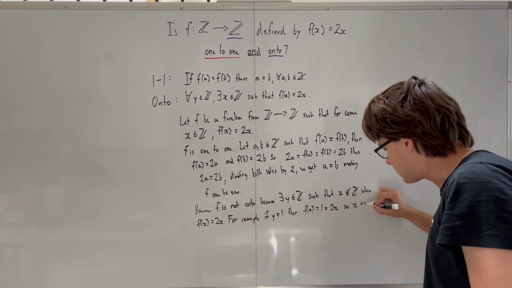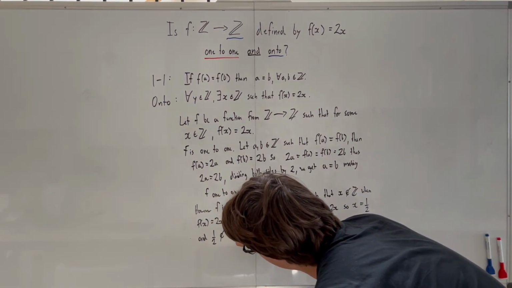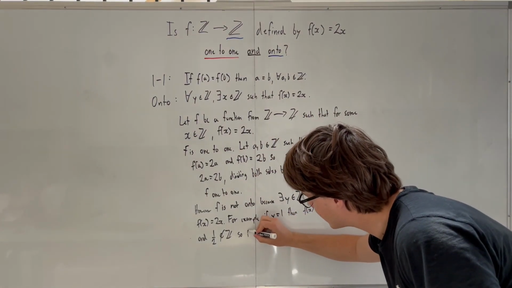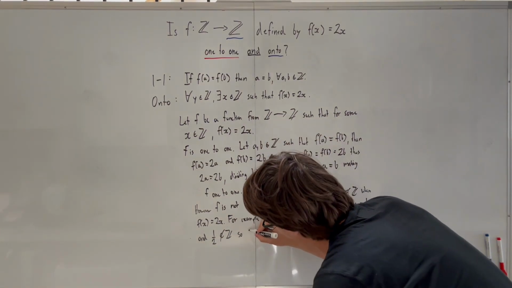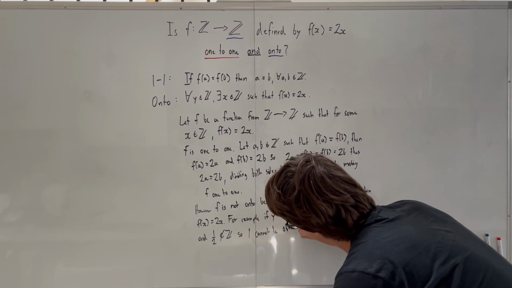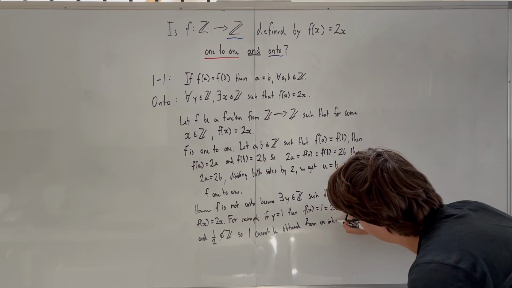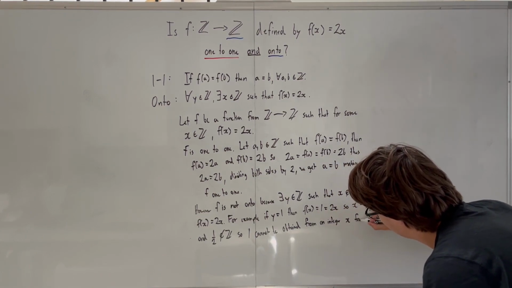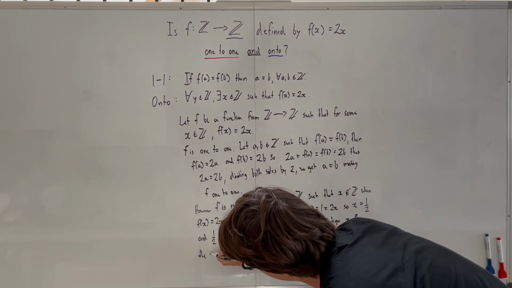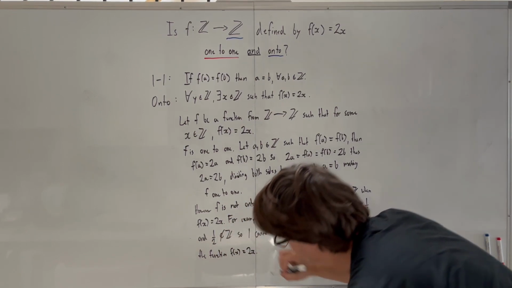So x must be equal to 1/2, and 1/2 is not an integer, so we can say 1 cannot be obtained from an integer x from the function f of x is equal to 2x.